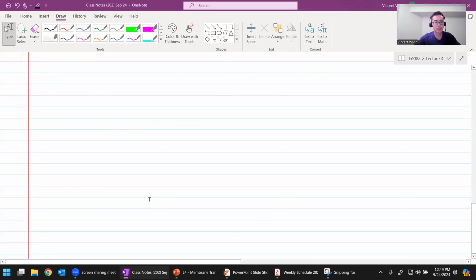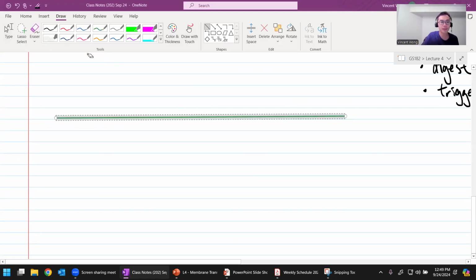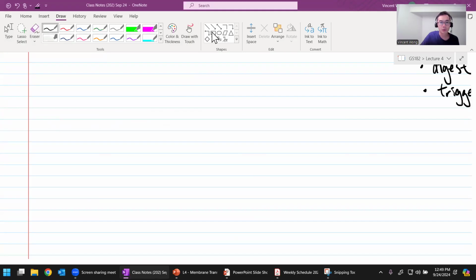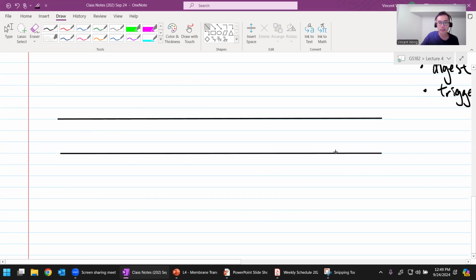Let's see if the straight line function works. Oh, it works. Wrong color though. So let's do a table here. And then one more. We'll say this is cold, and then this is hot.